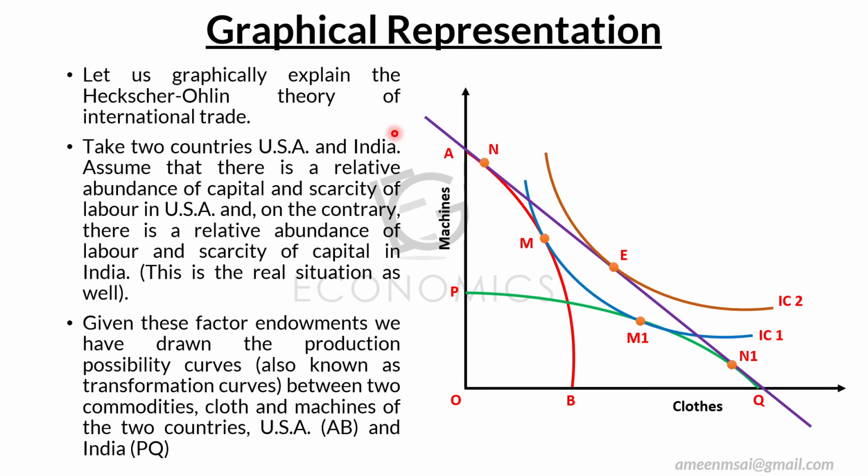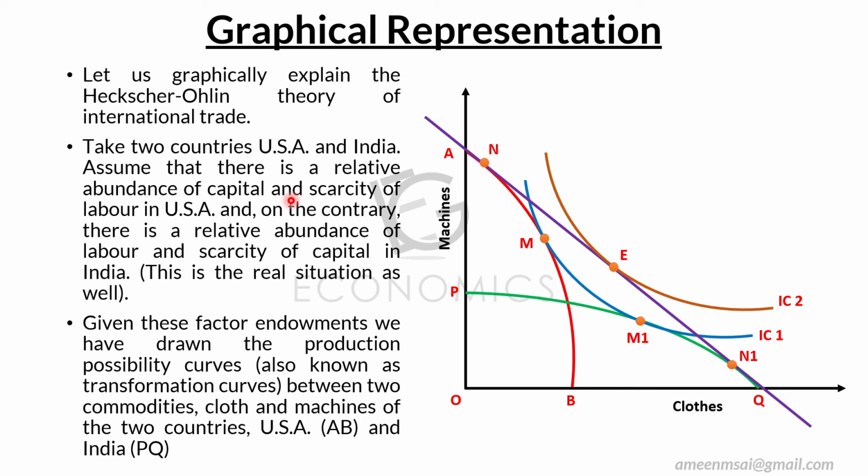Now let's go to the graphical representation. This is a basic graph that explains the HO model. Let us graphically explain the Heckscher-Ohlin theory of international trade. We are considering two countries, the USA and India. Assume that there is a relative abundance of capital and scarcity of labor in the US.